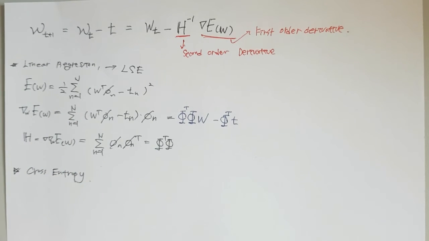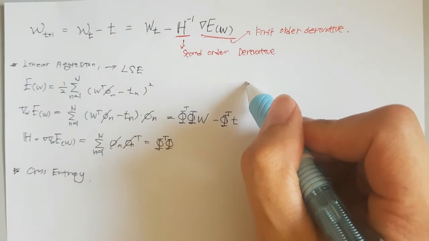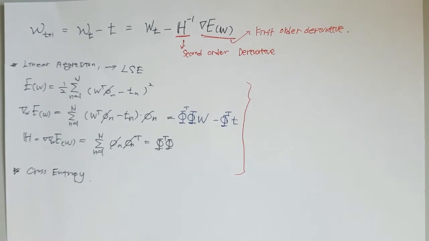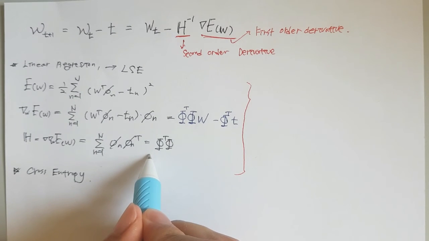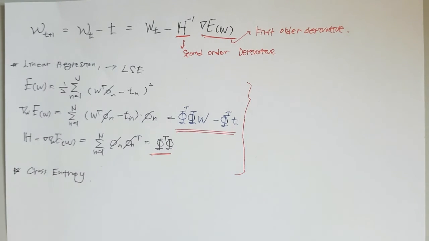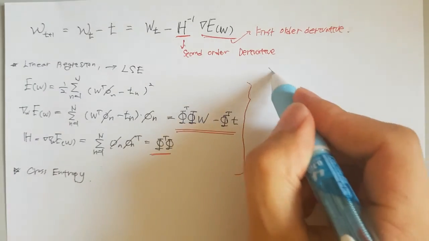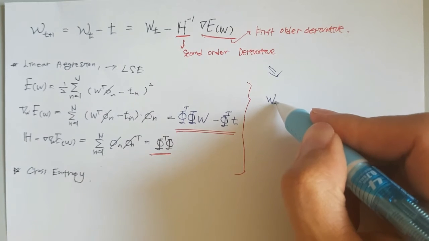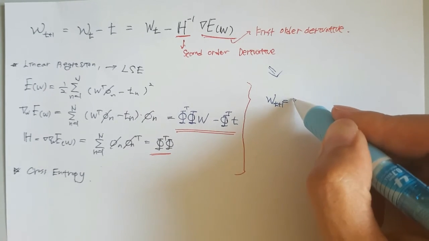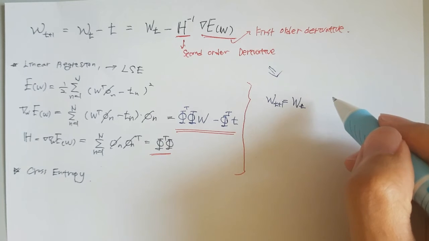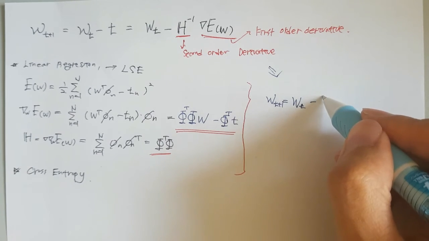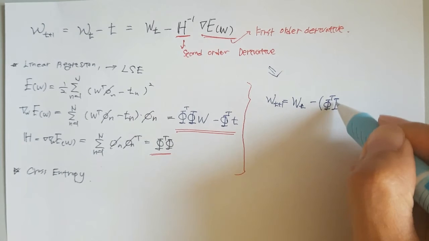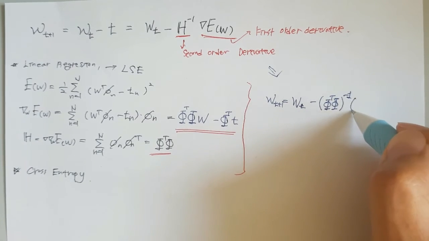it has a different shape and form. So the point that we have to realize and understand is we have only this and this equation. So if we apply this concept here, then W_{t+1} will be W_t minus the Hessian inverse times the gradient.